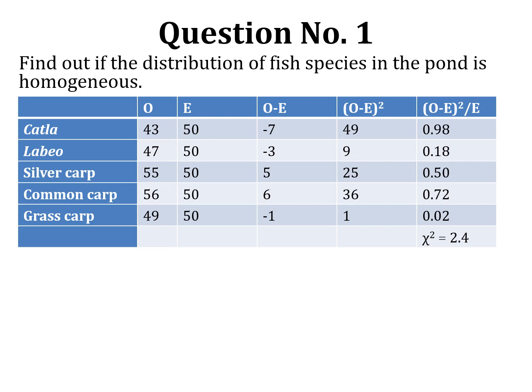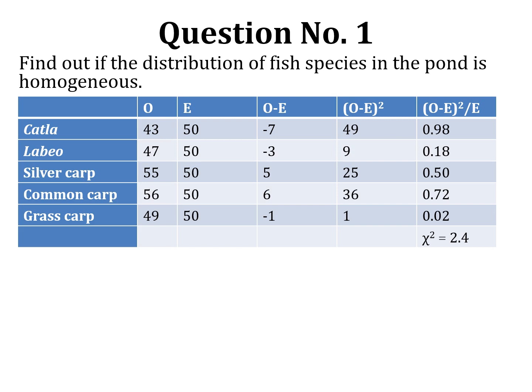Then the next column has the square of the difference between observed and expected frequencies, which is 49 for catla, 9 for labio, 25 for silver carp, 36 for common carp, and 1 for grass carp. And the last column has the square of the difference between observed and expected frequencies divided by the expected frequency of the respective class.